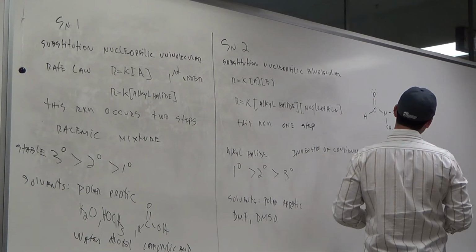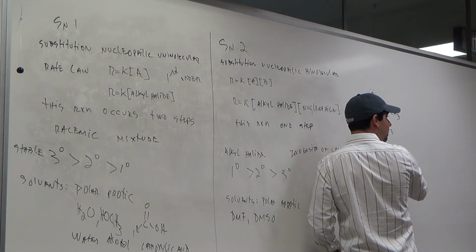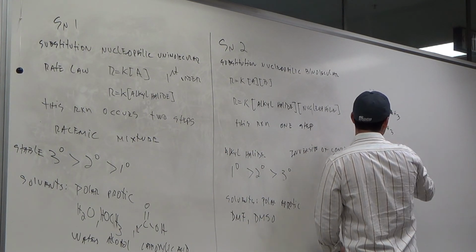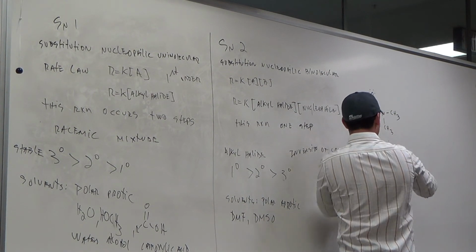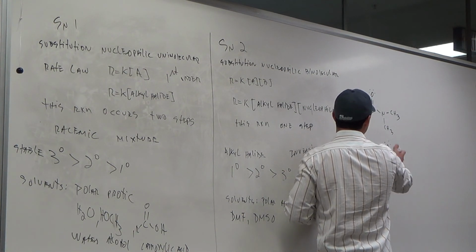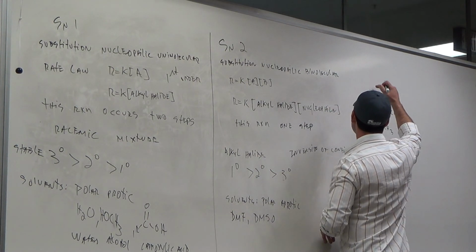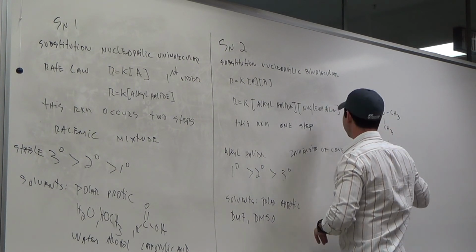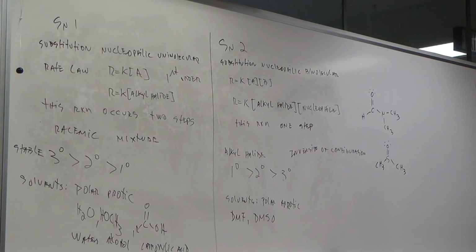The reason is that here is the center that is positive, but this center is hindered, it has things around it, so the negative charge can't really get in there. Positives are stabilized by these electrons up here. Did you write polar aprotic? Good at stabilizing positive charges, not so good at negative charges.